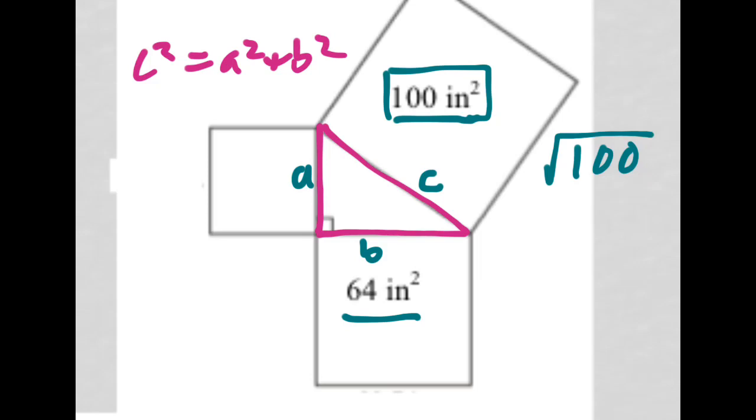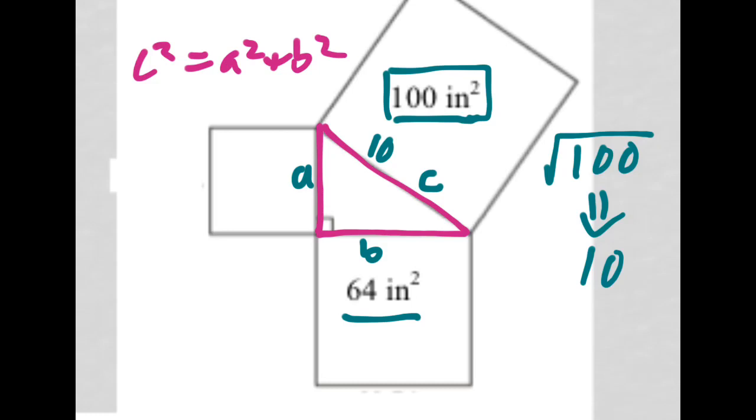Because the area of that square is going to be the side times itself, or just the side squared. Okay. What's the square root of 100? 10, right? So we know that C is 10.